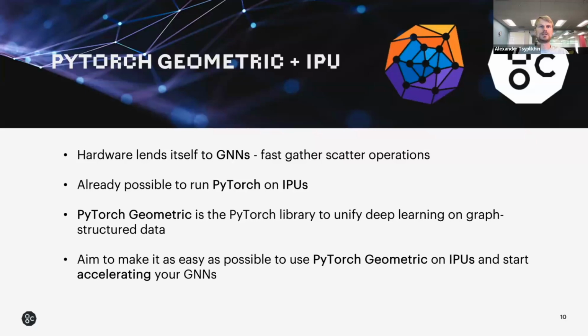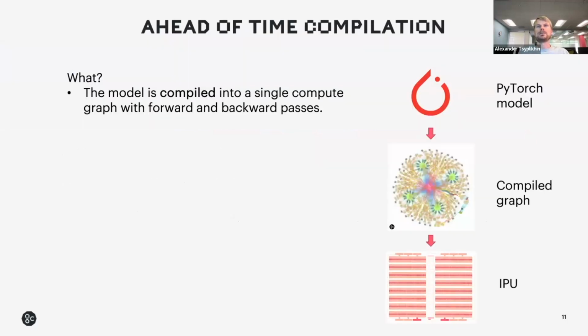And it's easy to get started, considering the ahead of time compilation requirements. As I mentioned yesterday, the compilation on IPUs needs to encompass the entire graph from beginning to the end, including the backwards pass. And that means that the shapes of the tensors need to be known ahead of time.